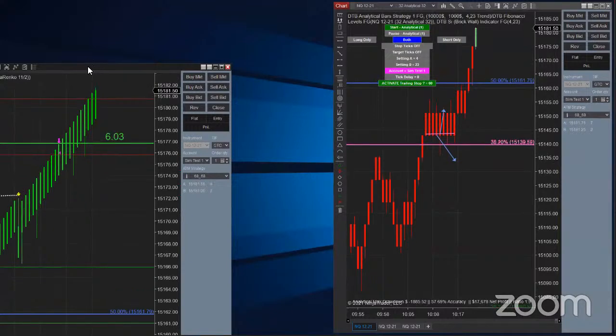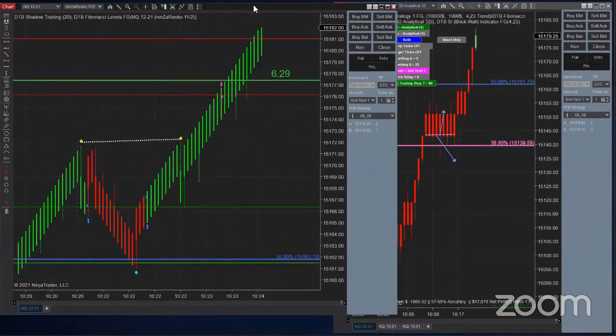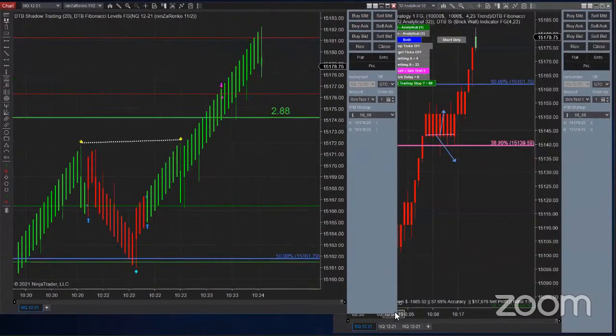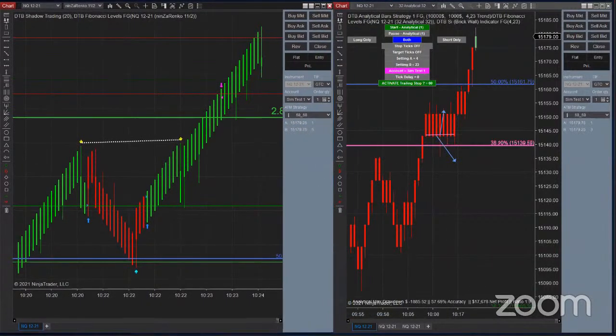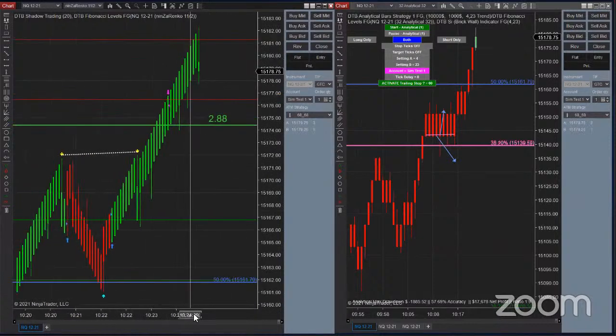So you can say, I'm going to enter on the smaller chart, but take targets on the larger chart. This way you've got them both on there.